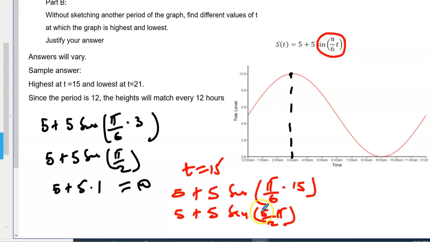And sine of 5 pi on 2 is also going to give us -1. And -1 times 5 is going to give us -5 plus 5, which is 0. And we come to the same place as when t was equal to 9, the lowest point. And so this is what our answer should be.